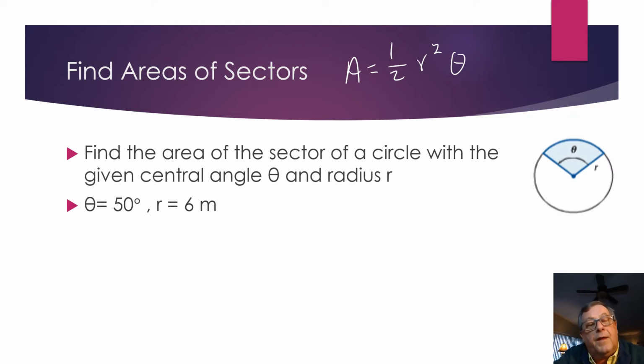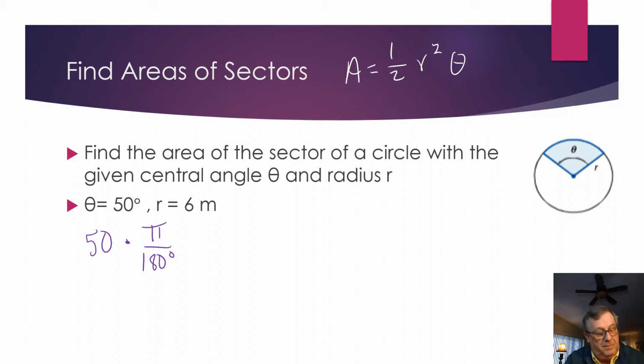But I need to work in radians, and I need to convert the degrees into radians, which I know how to do. So 50 degrees, then I've got a conversion ratio of pi, what I want to convert to, radians, over what I'm converting from, degrees. And let's see, 50 pi over 180.